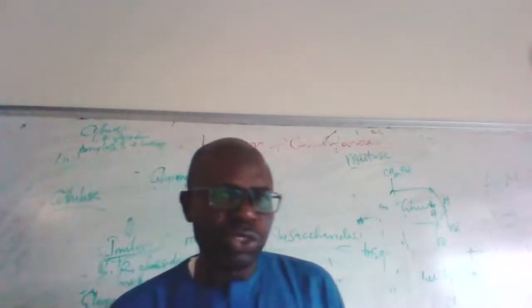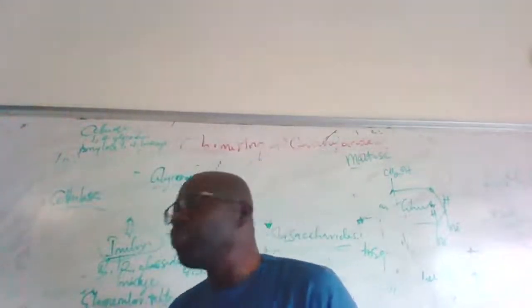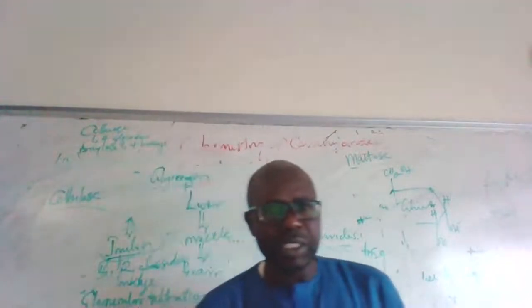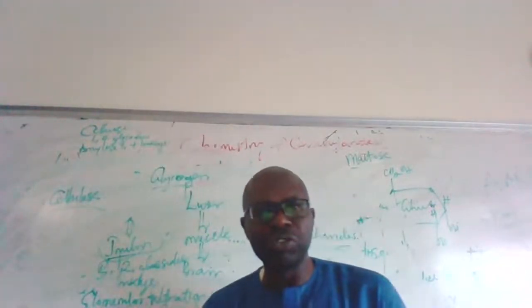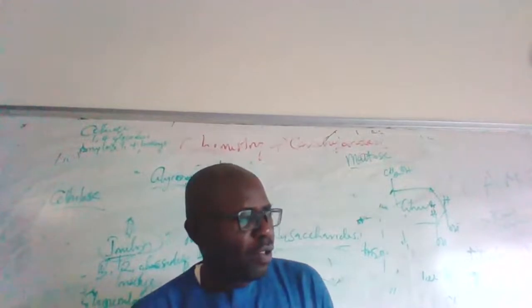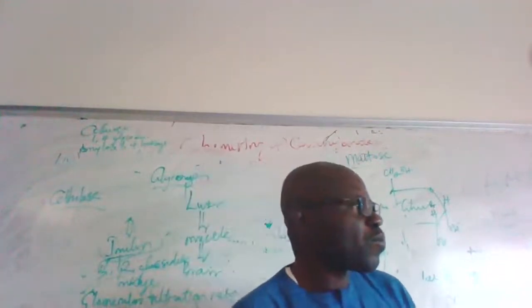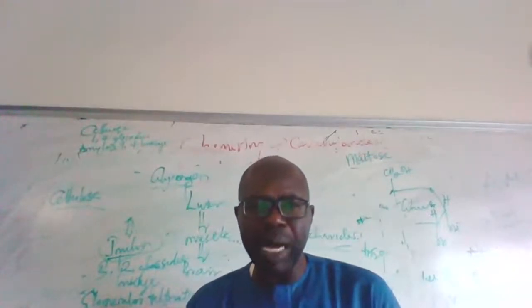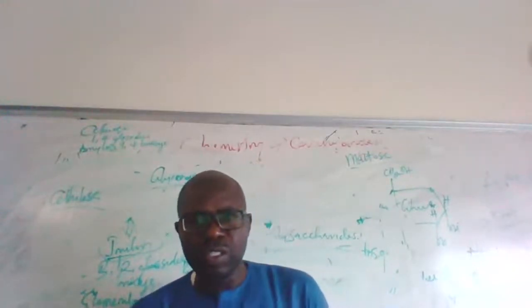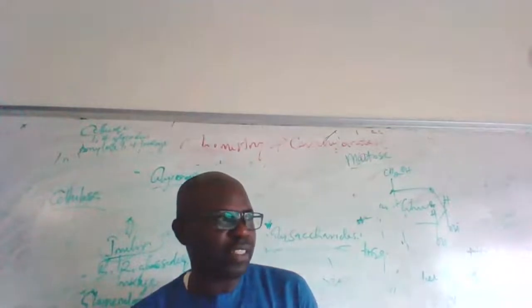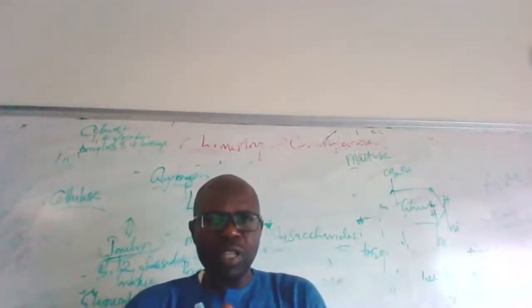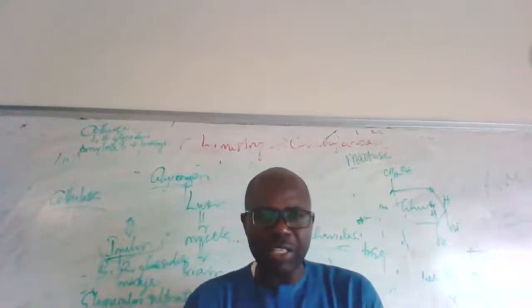So we want to move to the mucopolysaccharides. These are combinations of carbohydrates with other biomolecules to form the ground substance of tissue material in our body.